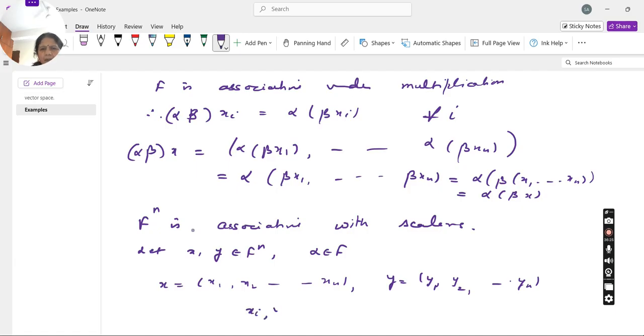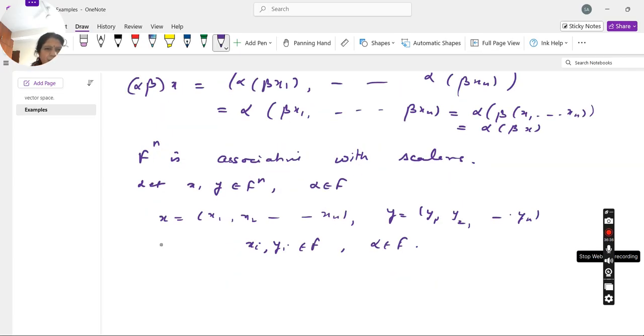Xi, Yi belong to F and alpha belongs to F. And this field is F. F satisfies the distributive property of multiplication over addition.